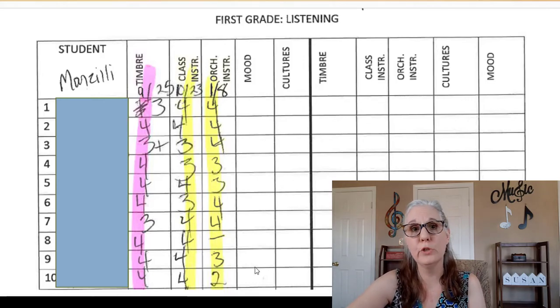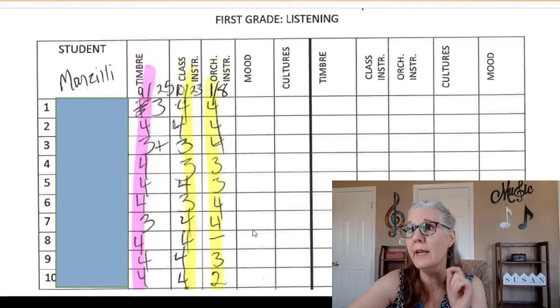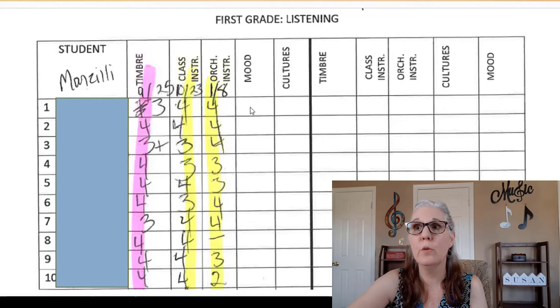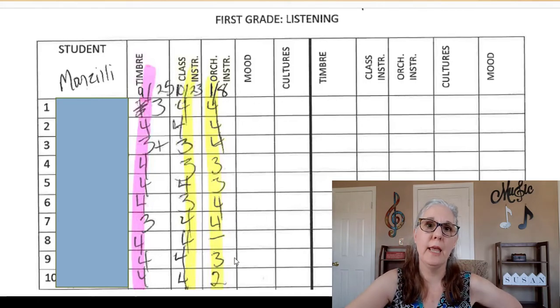Mood, this is subjective for the students. There's no wrong answer to mood. It's just, how does this music make you feel? So I want them to give me a mood word: happy, sad, sleepy, funny, angry, whatever, a mood word. And that's because there is an objective, or there was in our district, about experiencing different moods in songs.